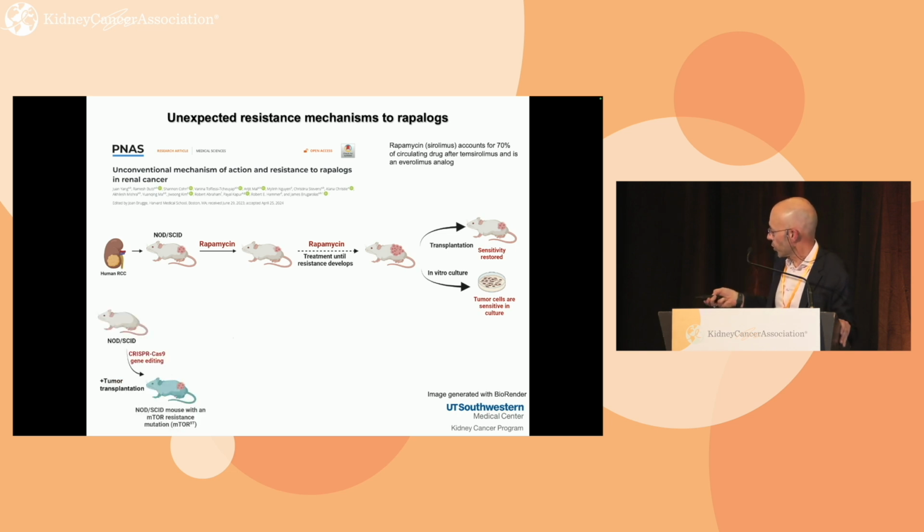So I'm going to show you that how rapamycin is acting is by targeting primarily the tumor microenvironment. What we did is we engineered the recipient mouse with a resistance mutation. So now if you treat this mouse that has been transplanted with the same tumor with rapamycin, you can still inhibit tumor cells, but you cannot inhibit the stroma.